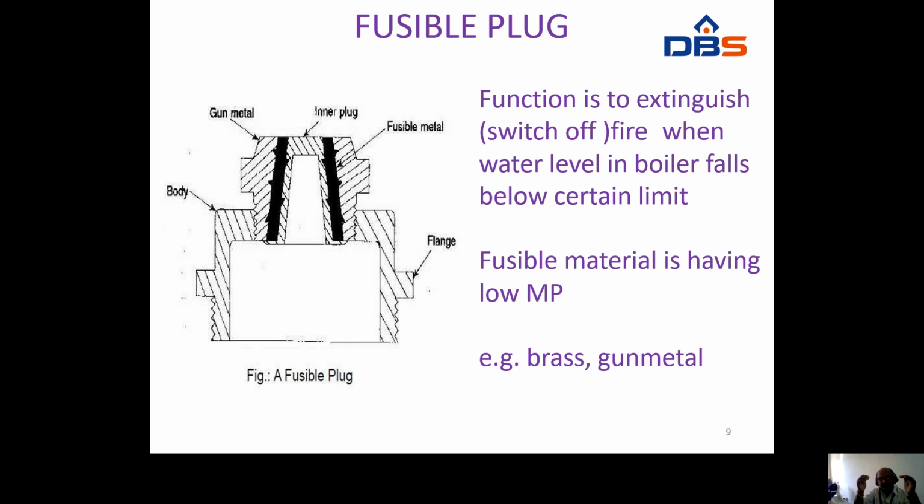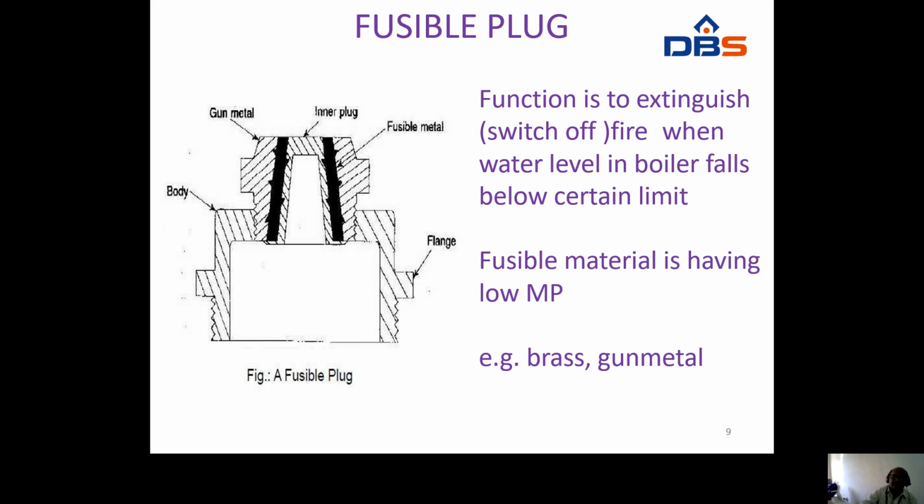If the quantity of water comes down, with less water steam generation cannot take place. In such cases the temperature increases, and the fusible plug is closed by a gunmetal. Due to the high temperature, the gunmetal melts, the remaining water goes to the furnace, and it switches off the fire. Like this, it safeguards the boiler.